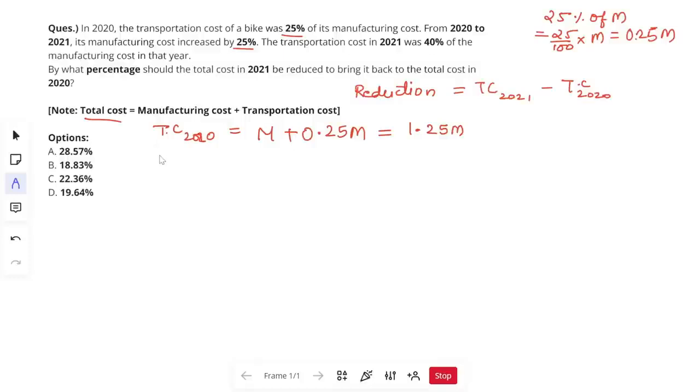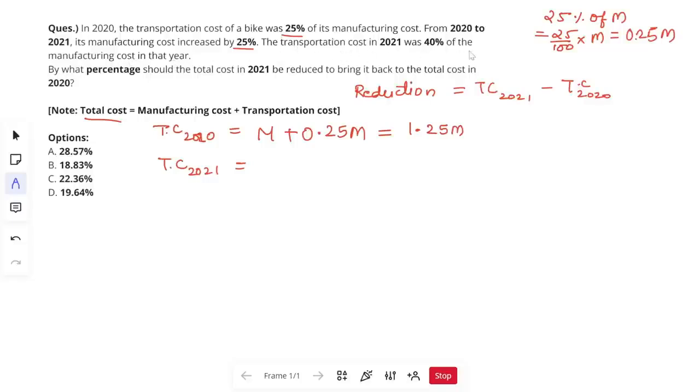Now let us calculate the total cost in 2021. In order to calculate the total cost, what do we know? We need to have manufacturing cost and transportation cost. From 2020 to 2021, its manufacturing cost is increased by 25%, that is what is told to us, right? And then the transportation cost was 40% of the manufacturing cost in that year.